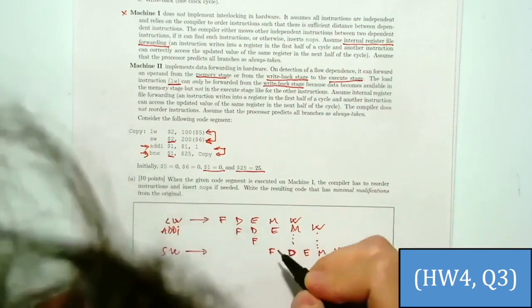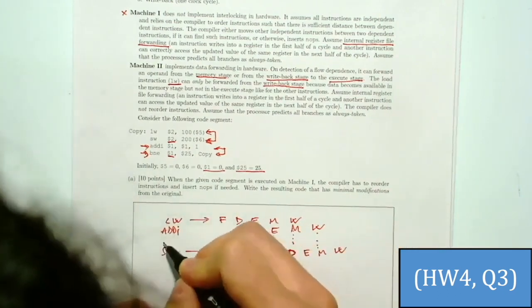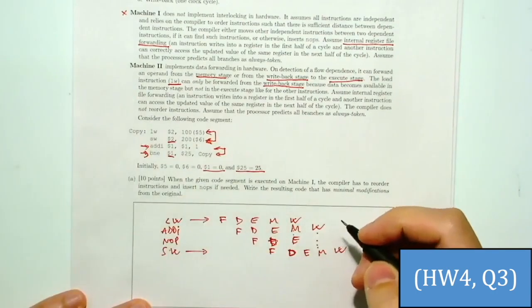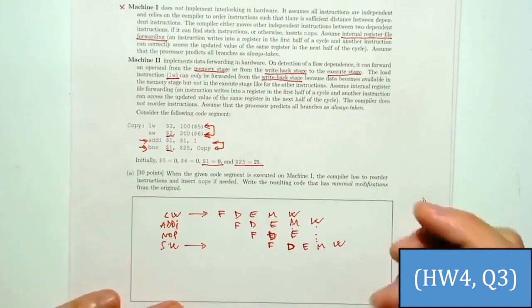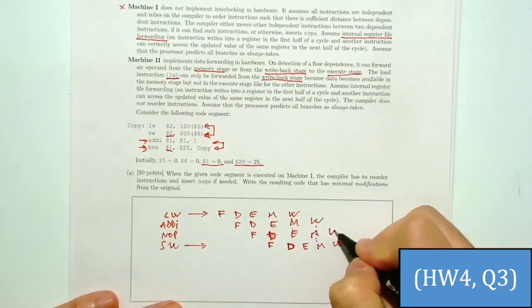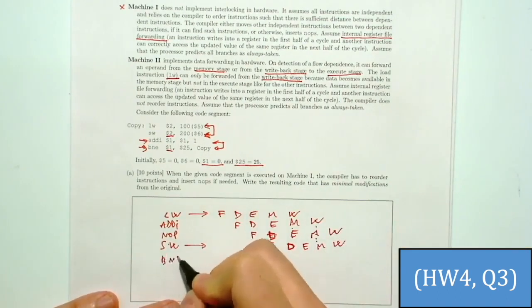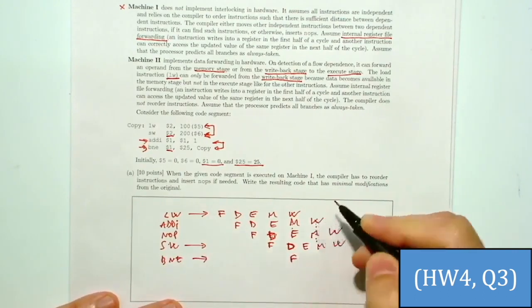Okay. So basically here we have to insert an op. So this will be execute, decode, execute. Oh, I'm sorry. Execute, modified, write back. And the last instruction, branch, can fetch.